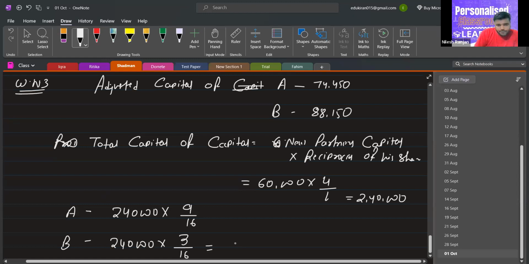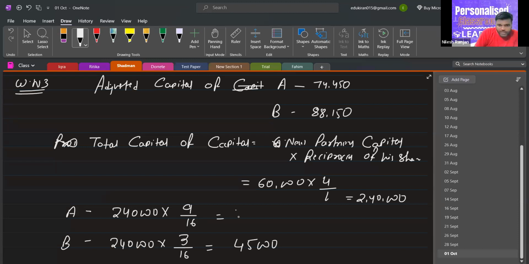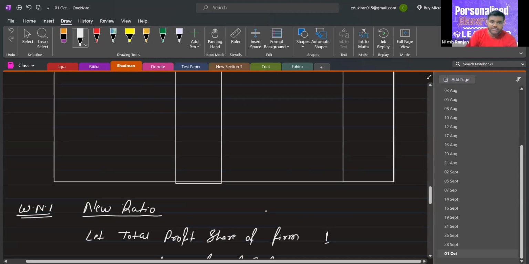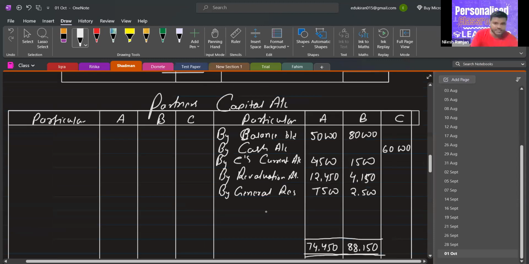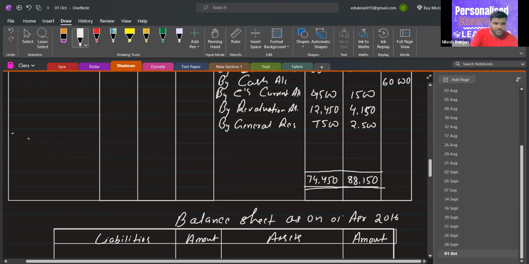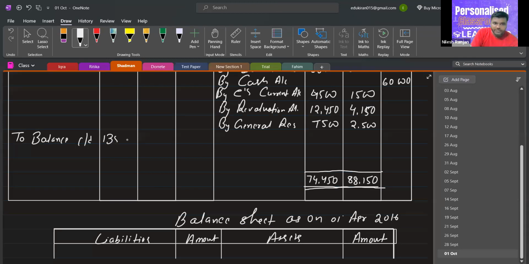So 1,35,000 here and 45,000 here. Is this clear? So it will be written in the partners' capital accounts as the balancing figure.